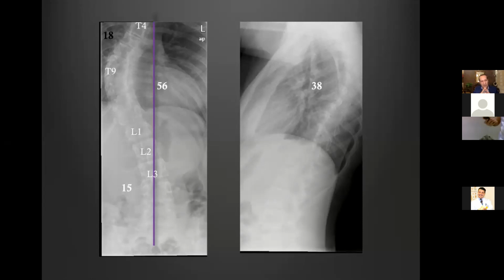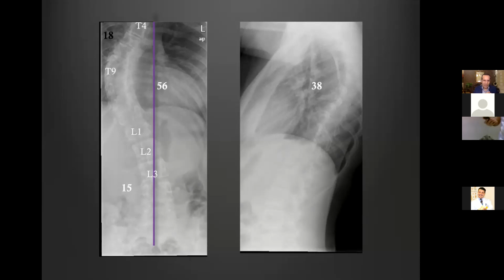In this case, we have to select the lower instrumented vertebra and the upper instrumented vertebra. Here, surgeons really have a lot of discussion. The neutral vertebra is L2 and the end vertebra is L1, and whether to choose L1 or L2 depends on the flexibility of the curve.